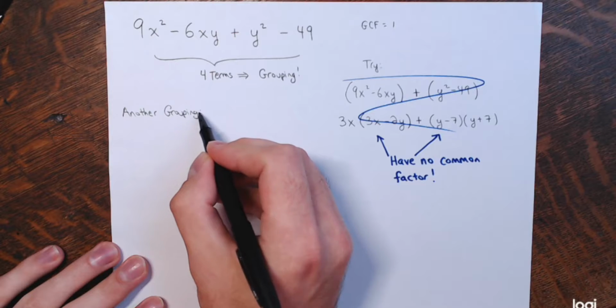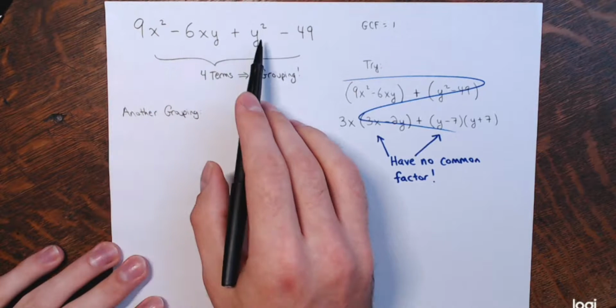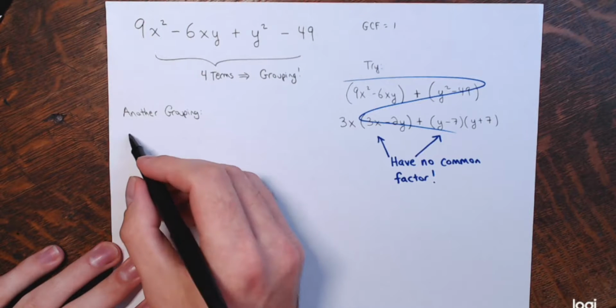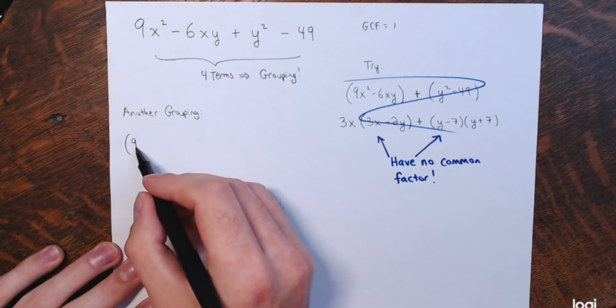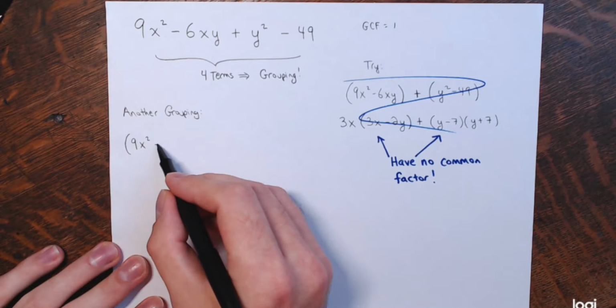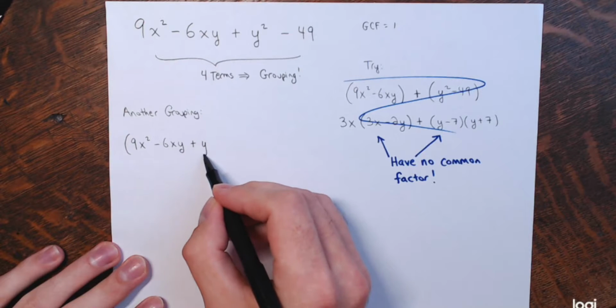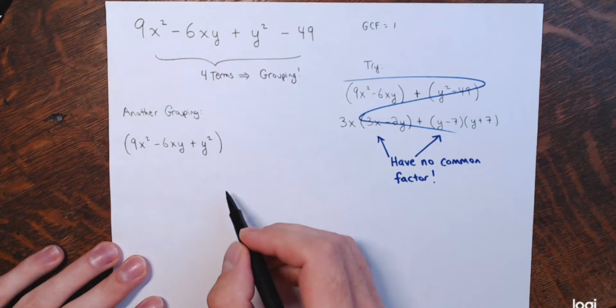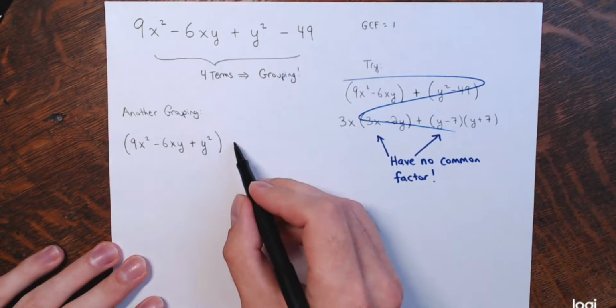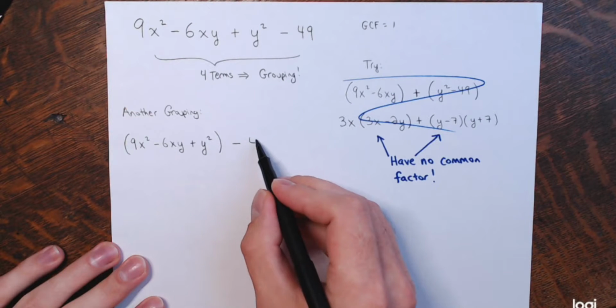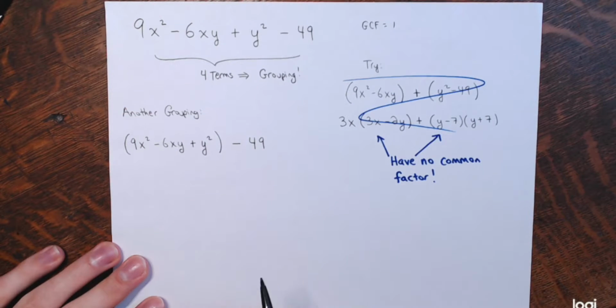How about, instead of the first 2 and the second 2, how about the first 3? I'll put those first 3 terms in a group: 9x squared minus 6xy plus y squared. And then the last term is on its own, minus 49. No real reason to put parentheses around that because it's just a single term.